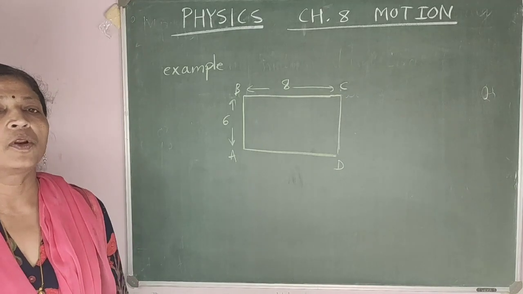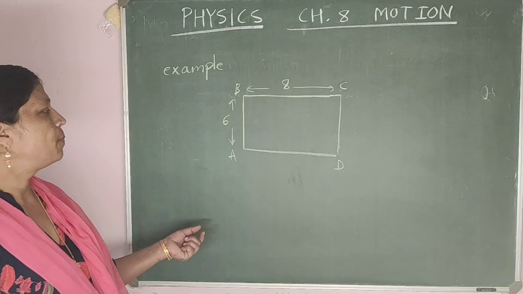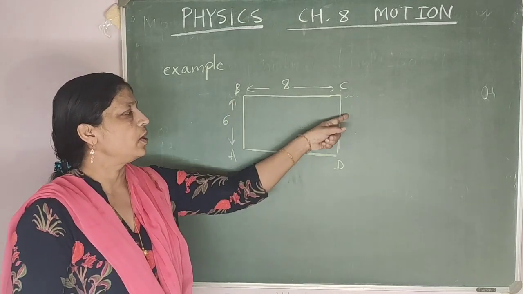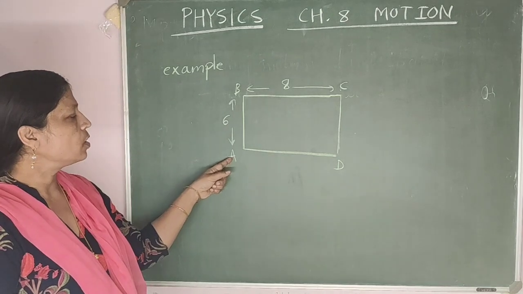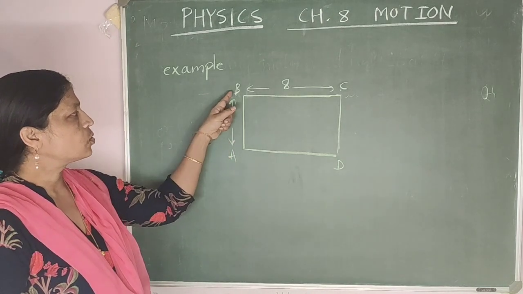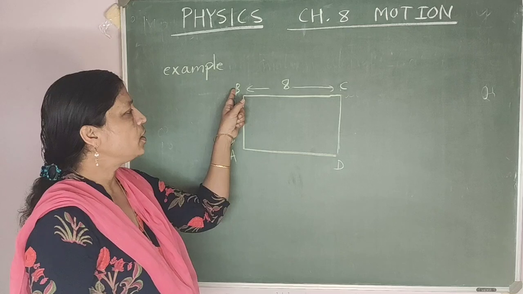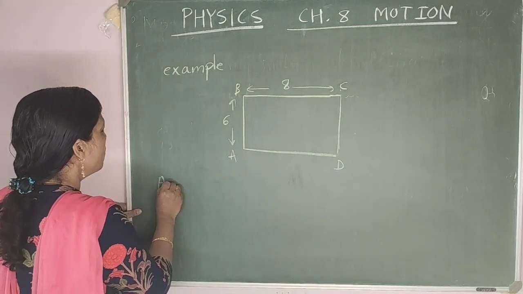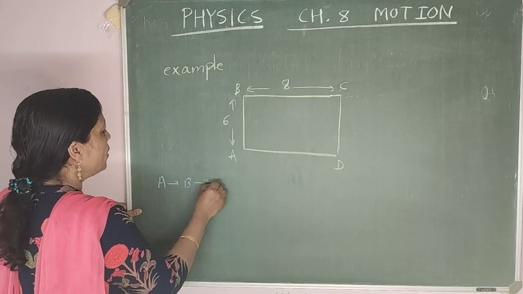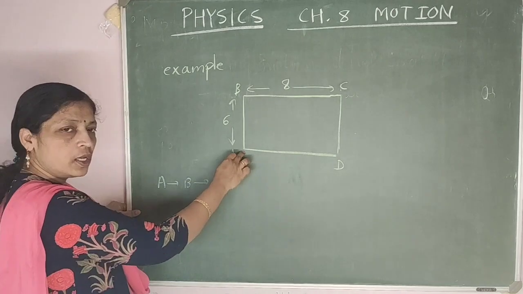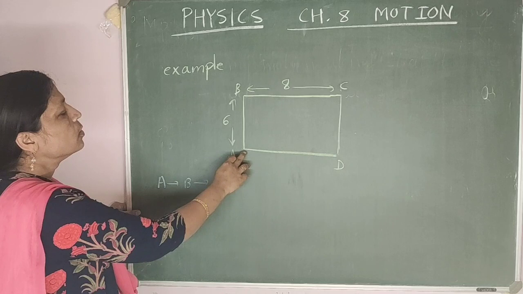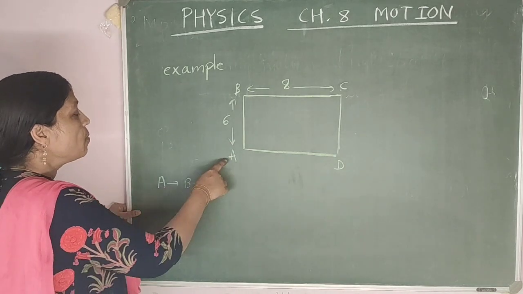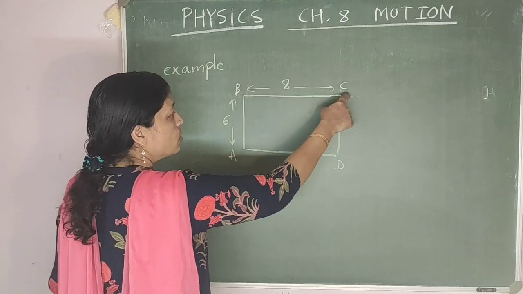Now we are going to see the next example. In this example, a person is walking around a rectangular field. He is walking from A, reaches B, and from B he reaches C. A is our initial reference point, so it is taken as the origin.